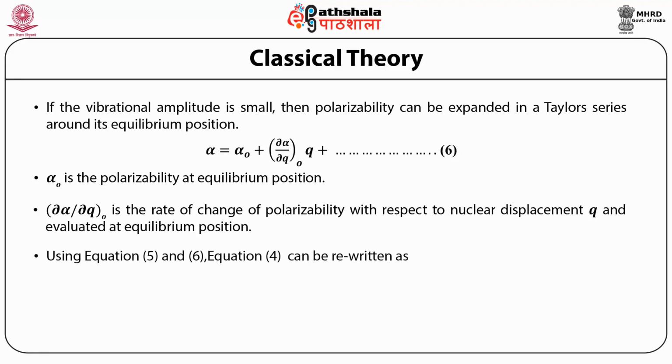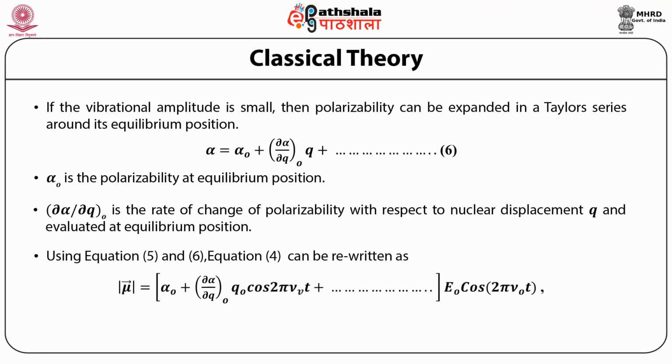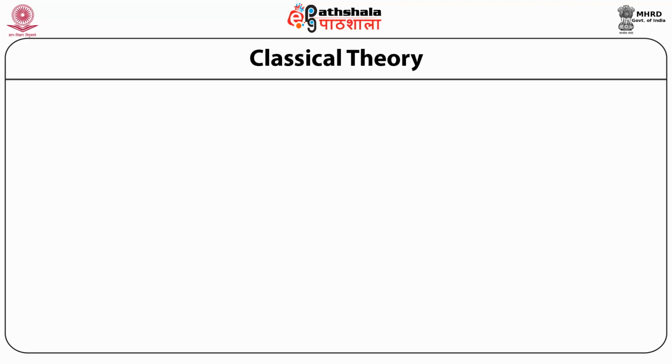Using equations 5 and 6, equation 4 can be rewritten as μ = [α0 + (∂α/∂Q) Q0 cos(2π ν t) plus the higher order terms] E0 cos(2π ν0 t).